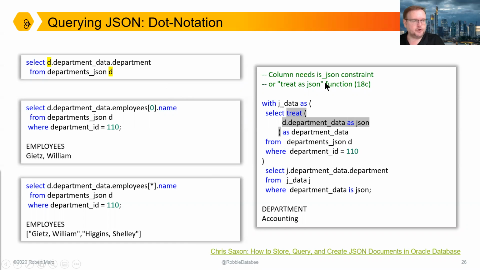Otherwise, this won't work. Or you can use the new TREAT AS JSON function in Oracle 18. So if you are lucky enough to have an Oracle 18 database or newer around, you can put this in a WITH clause and say, treat this column as JSON. So this eliminates the need of an IS JSON check constraint.